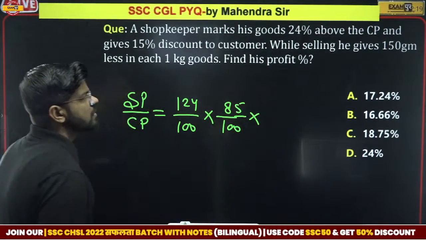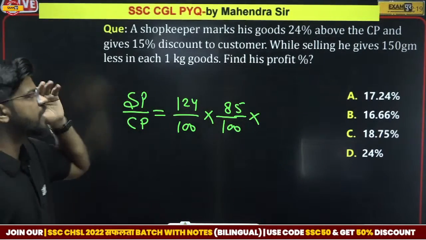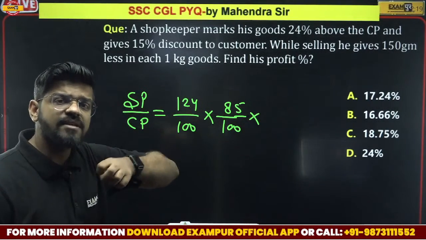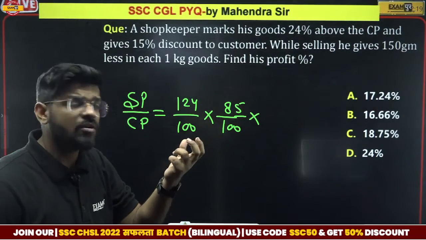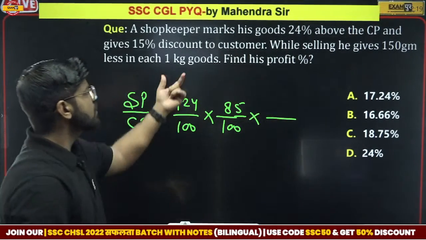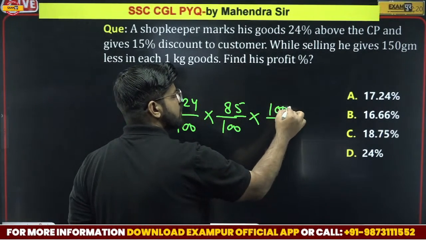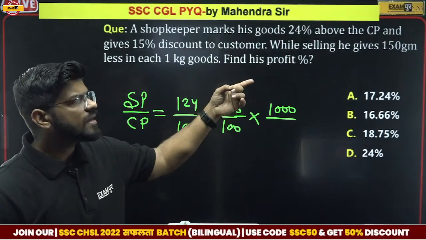Now, he is selling 150 gram less in each 1 kg of goods, so he is taking the price, the money, for 1000 grams, but he is giving 150 gram less.